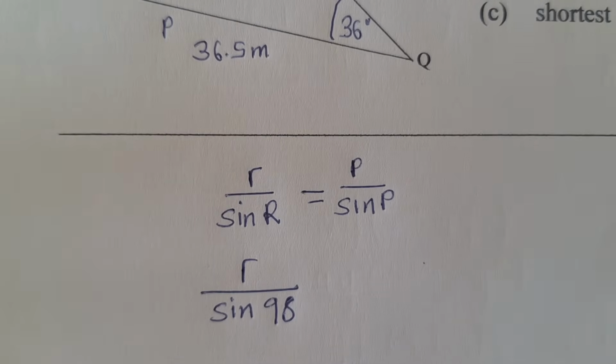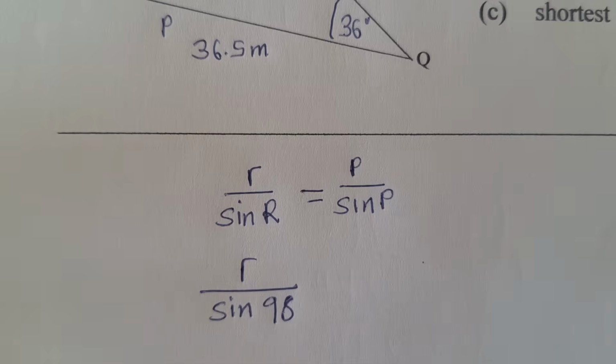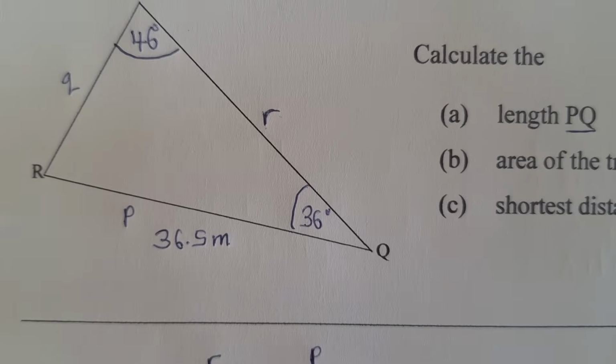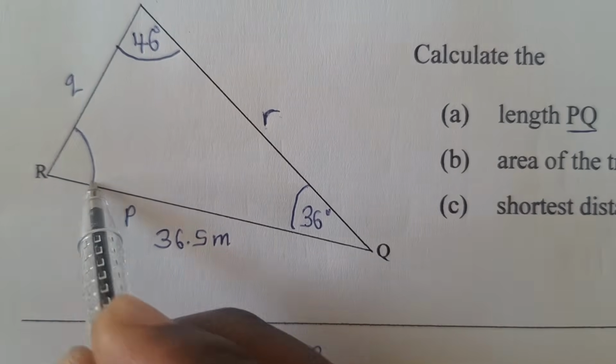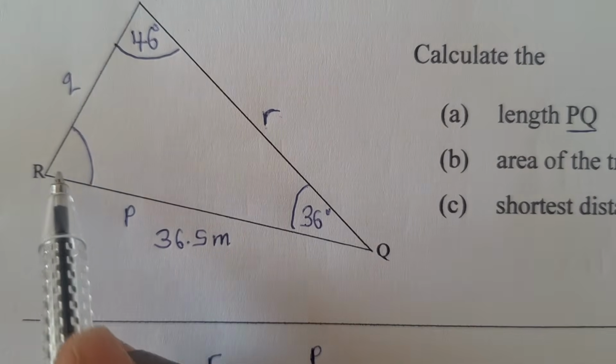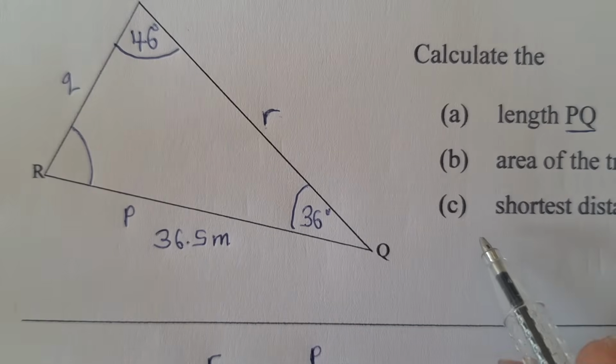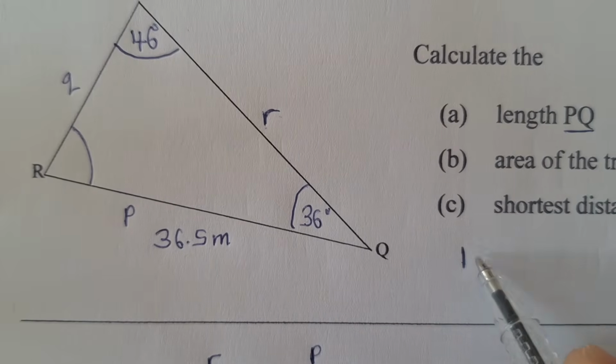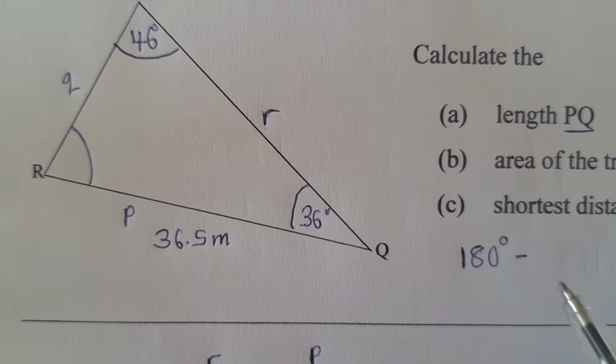Okay. I know most of you are wondering how did I get to find 98? So I've decided to use 98 for a purpose. You can see here, when you use the property of a triangle, this is a capital letter R. We don't know this angle. So to find this angle, we are going to say 180 degrees minus the sum of these two angles.